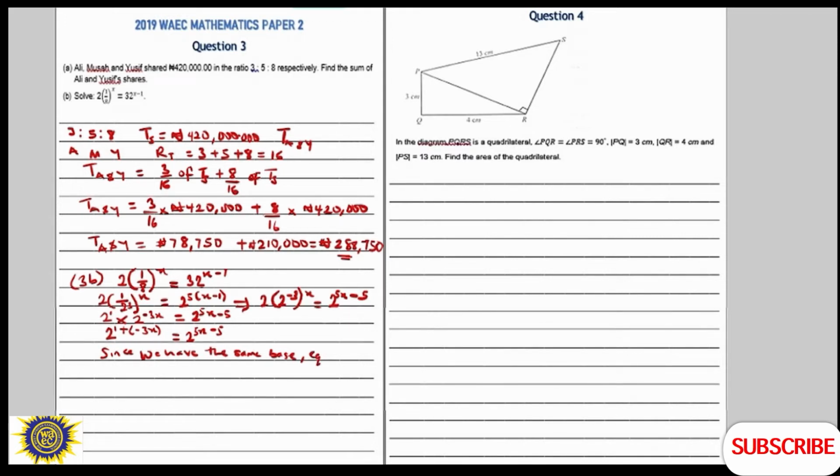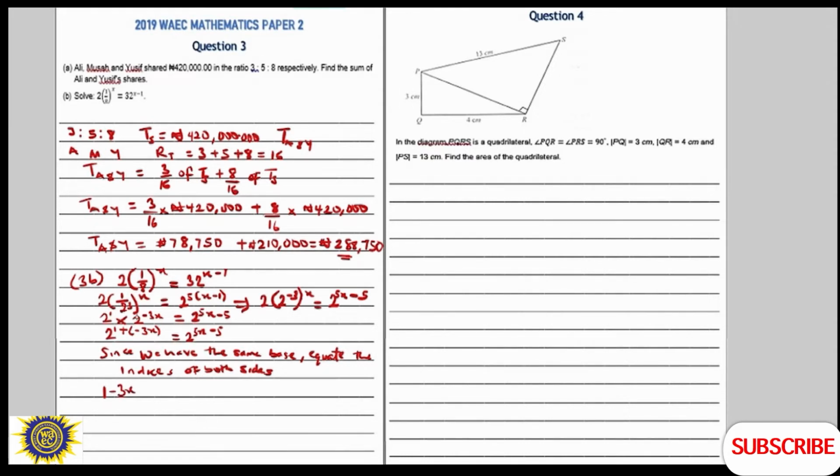Equate the indices of both sides. So we have what? 1 plus, in brackets, minus 1 minus 3x, is going to be 1 minus what? 3x.